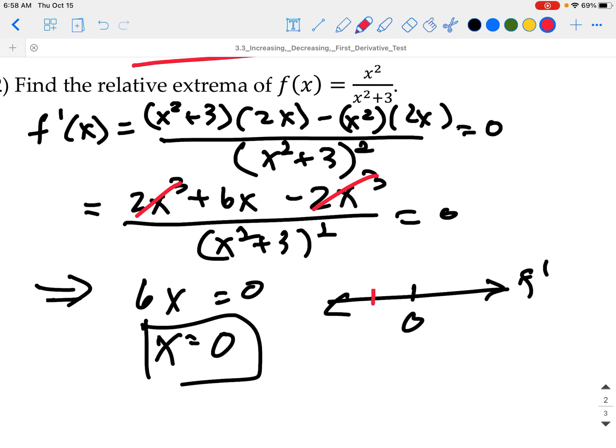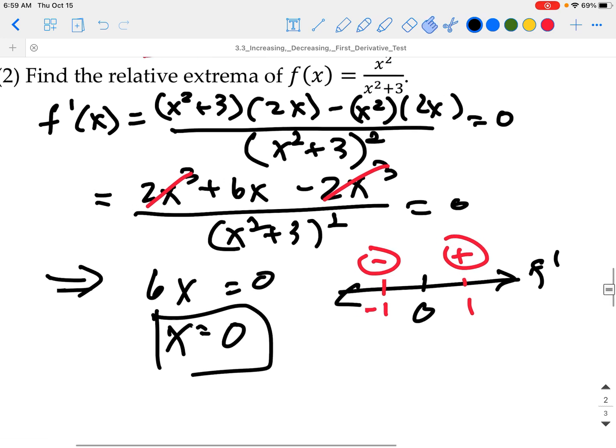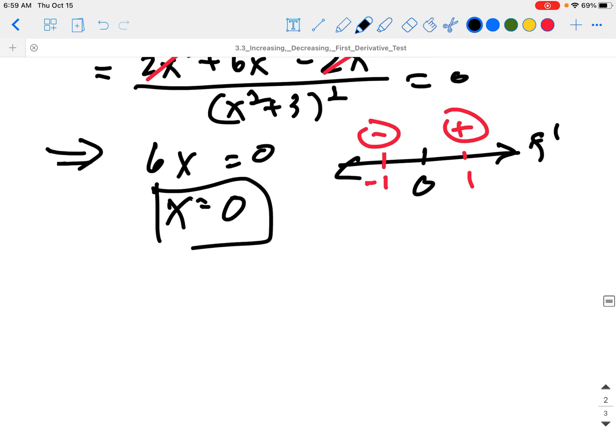So again, -1, 1. So we'll get clearly 6 times -1 will be negative. The denominator is never negative, so we don't have to worry about the denominator. And then we'll get a positive here. So we're going to have a relative minimum at x equals 0.